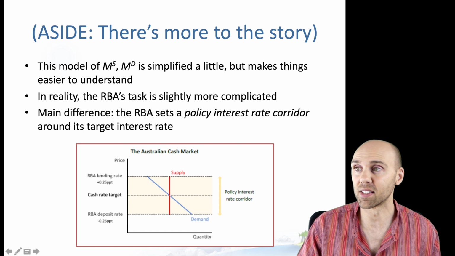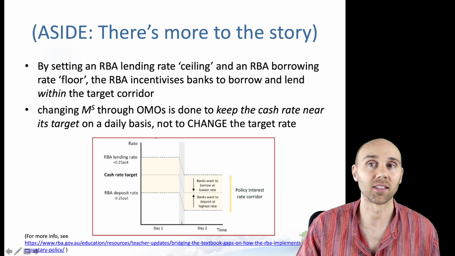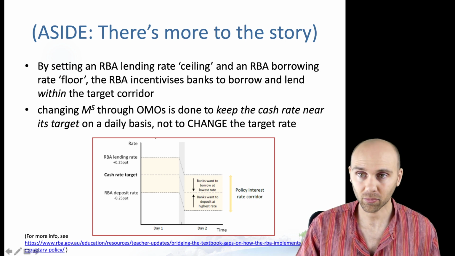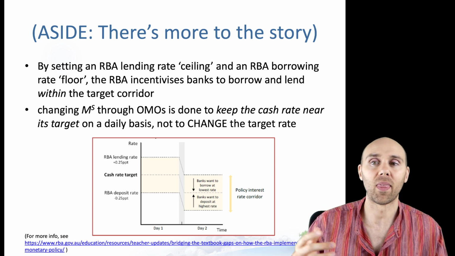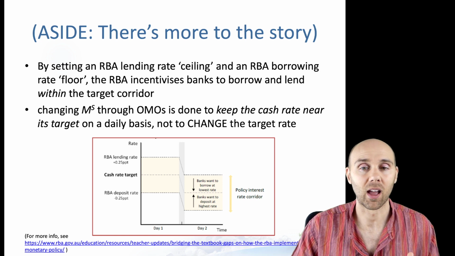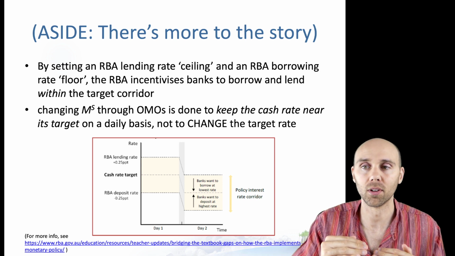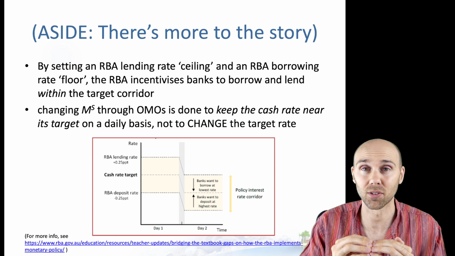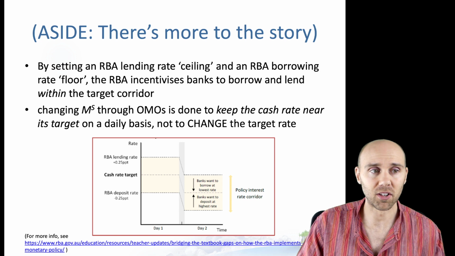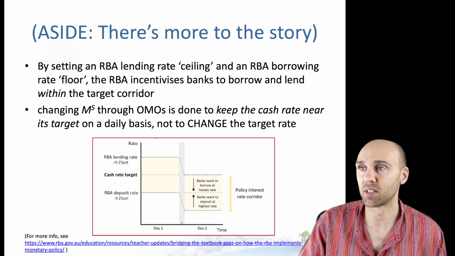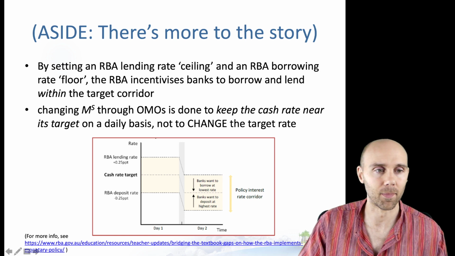In effect, what it's doing is setting a ceiling and a floor, such that the banks have got no incentive to go above that ceiling or below that floor, and then the open market operations help to get the banks to trade with each other within that corridor to reach as close as possible to that target cash rate. And in practice, they do very well and they get extremely close to that rate. There's a little bit more information on this website below in case you're interested in reading about this, but I see no need to really complicate things too much further at this point.